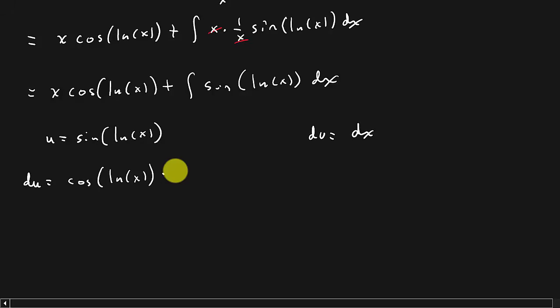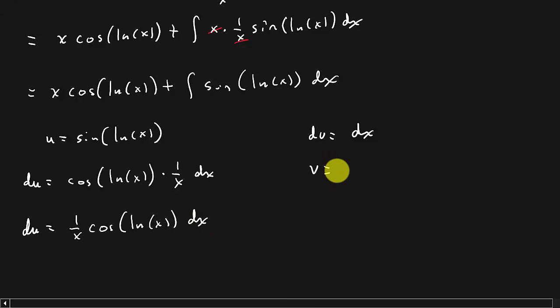So that's the derivative of natural log, which is 1 over x dx. And so we get du is equal to 1 over x cosine natural log x dx. And then here we get v is equal to x.